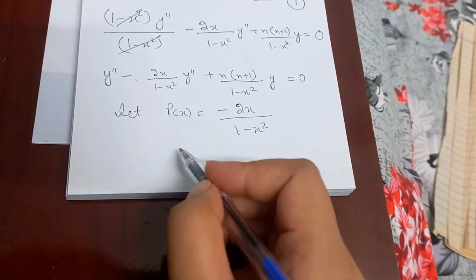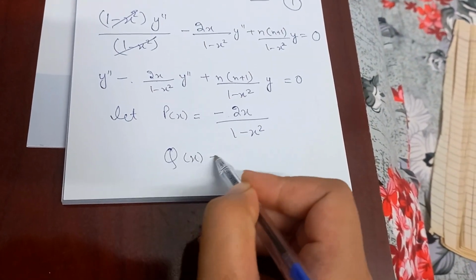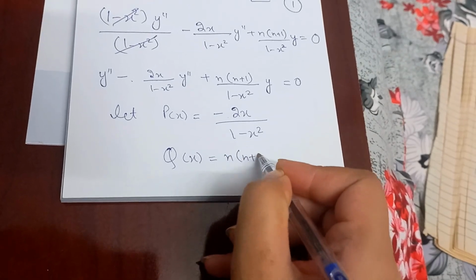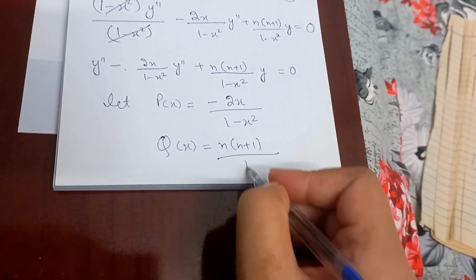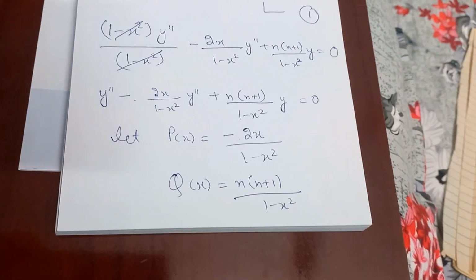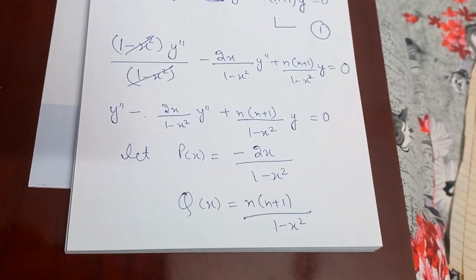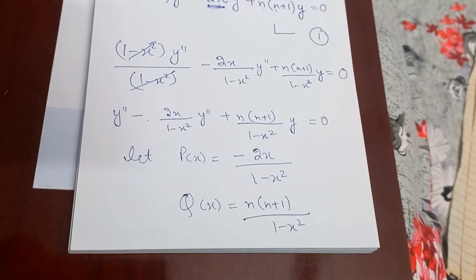That is p of x. And what is q of x? Let q of x be equal to the coefficient of y. We are just doing this to reduce it into a standard form.